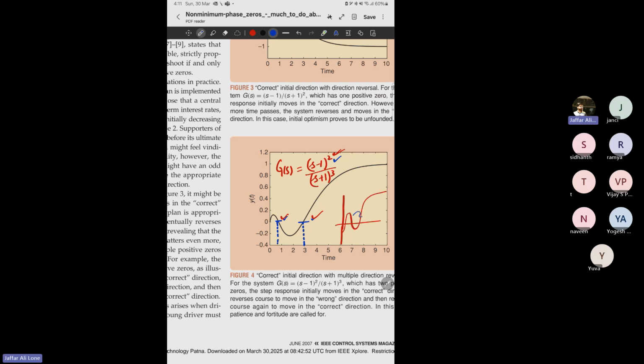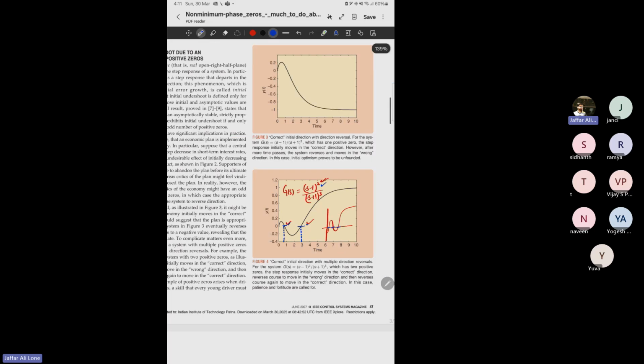So I have one zero crossing, two zero crossings, and three zero crossings. So the number of zeros in the right half plane gives me the number of zero crossings. And again, we can also find the time where the zero crossings occur, which we will see.